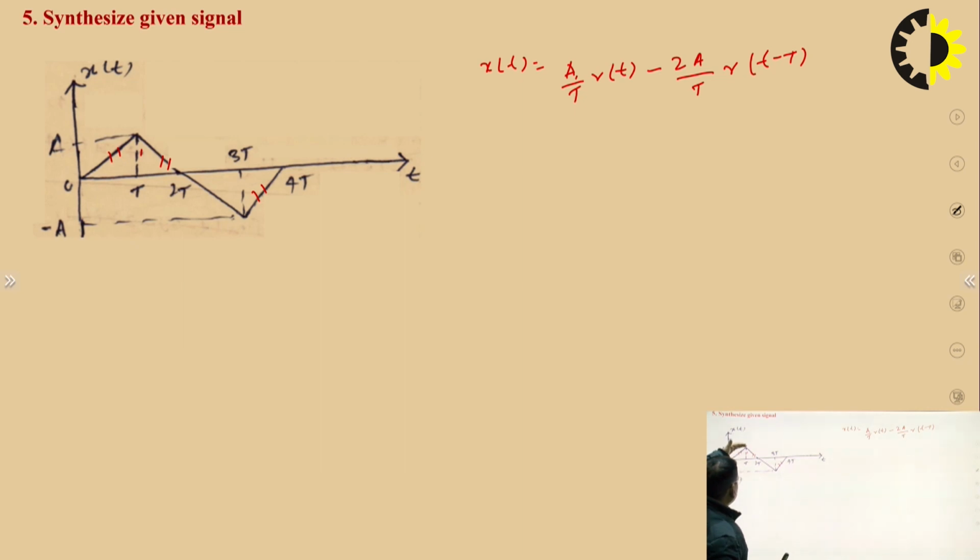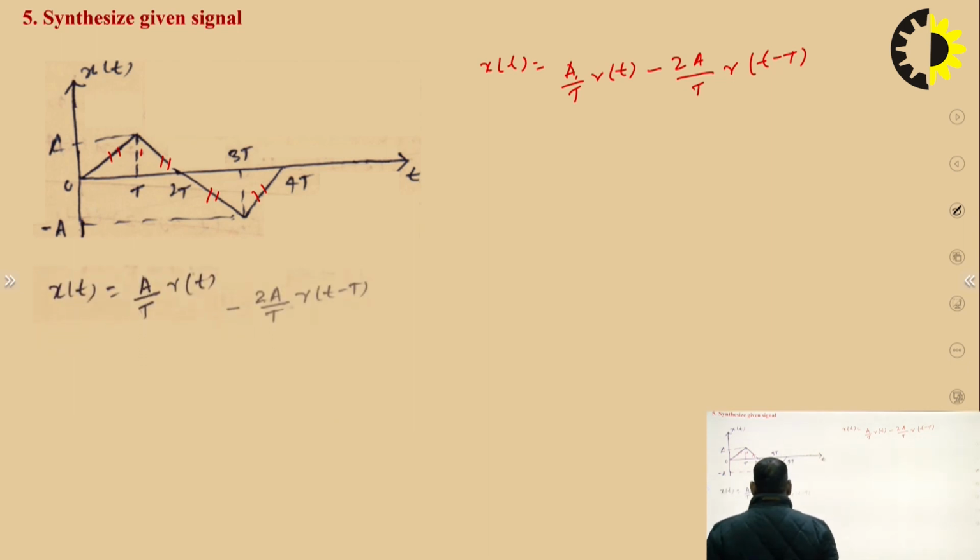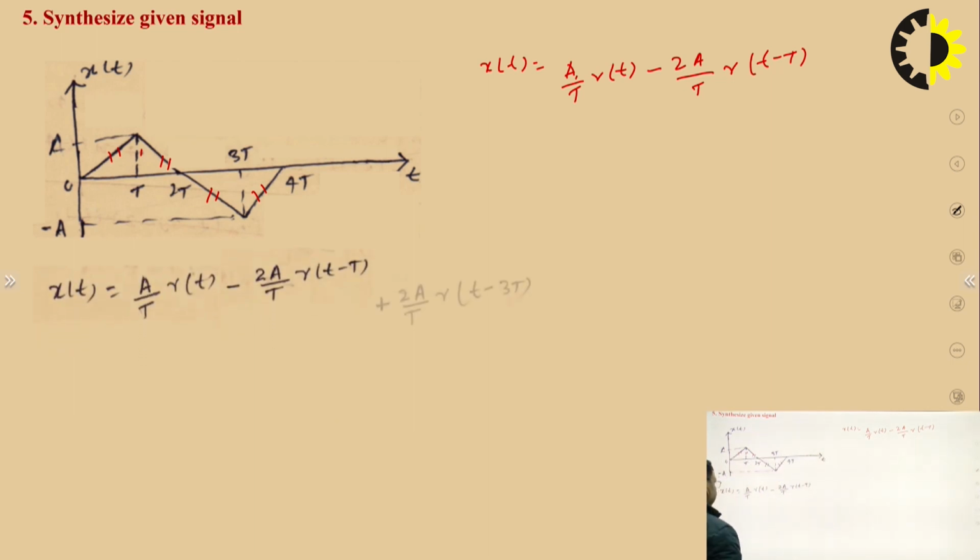One slope is A by T. If we add minus A by T, the slope will be 0. And again we deduct another A by T, so it will go down. This happens at t is equal to T, and the slope of this line and this line is the same. Look at here, 2A by T.